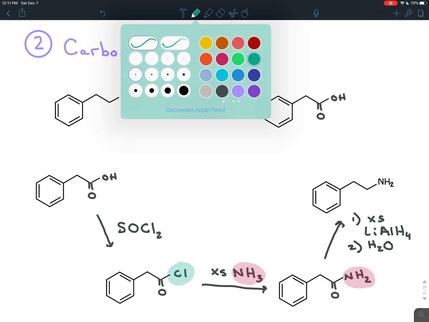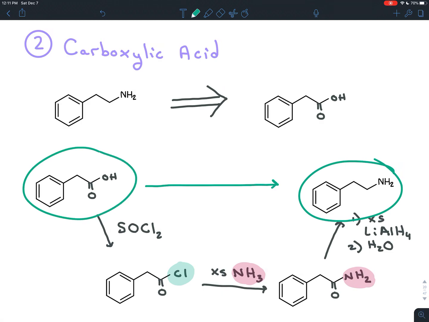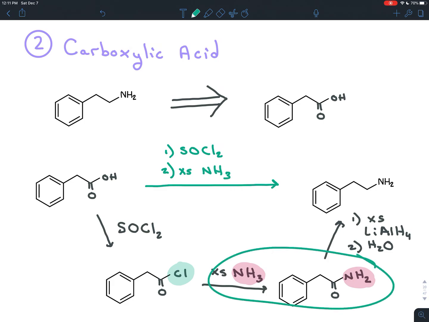So that overall, to make this transformation happen, we can create this amine from a carboxylic acid by first turning the carboxylic acid into an acid chloride. You can do that by adding thionyl chloride. Once you have the acid chloride, you can react it with excess ammonia to turn it into an amide.